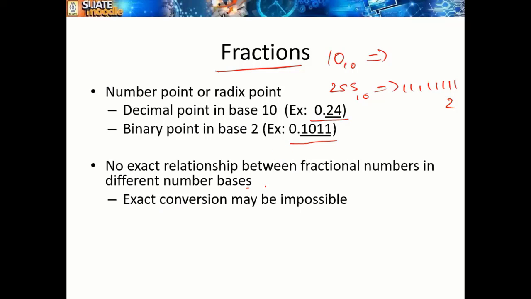Depending on the value, exact conversion may not be possible; sometimes it will be possible, sometimes not. Likewise, if we divide 2 by 3, it will keep on going, 0.66 and so on. If you want to stop, we have to stop it like this. So there is no exact conversion, but we can convert to an approximate value with some decimals.